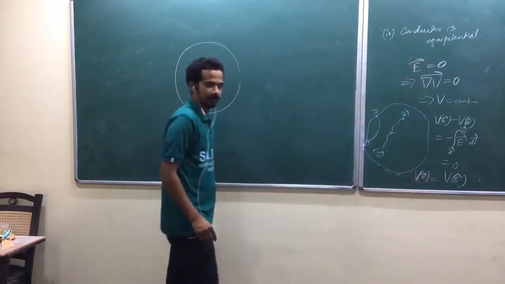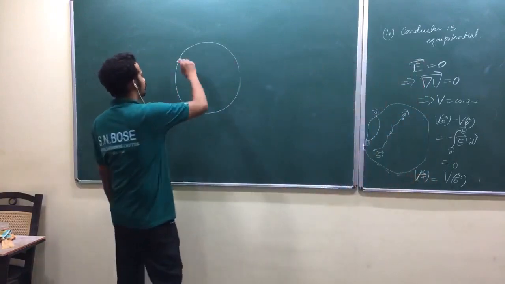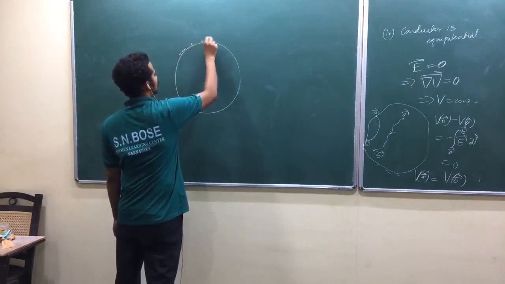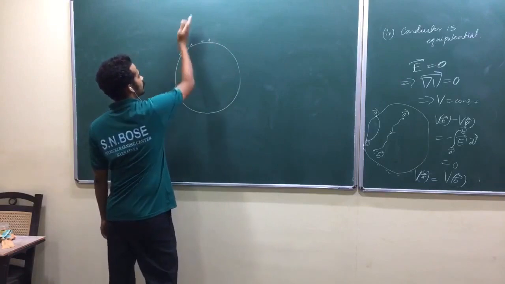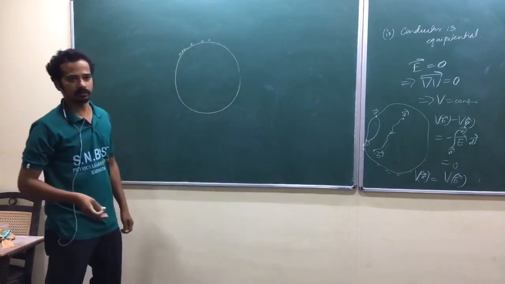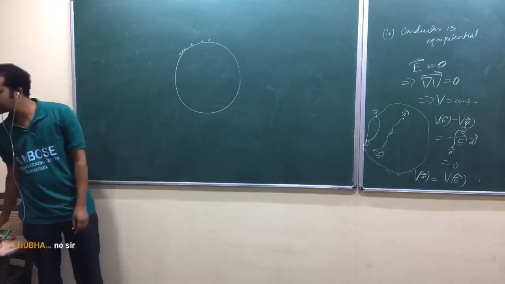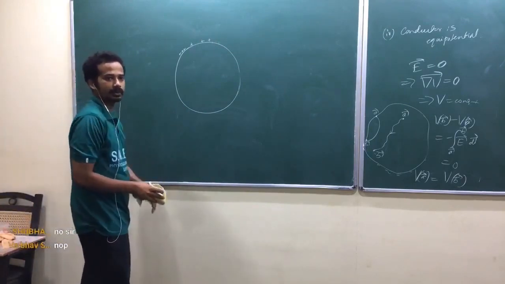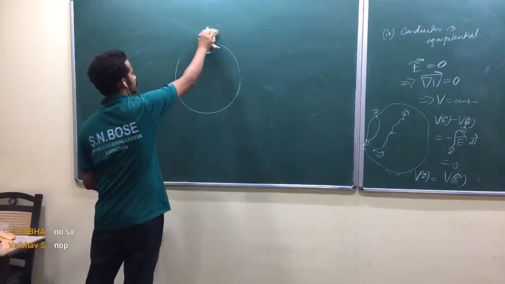Suppose more charges here, less charges here, then there will be this kind of electric field here. It will not allow that to happen. Whenever the surface is uniform, charge distribution will be uniform. Read out each and every sentence here.